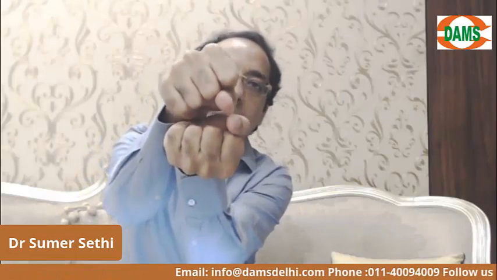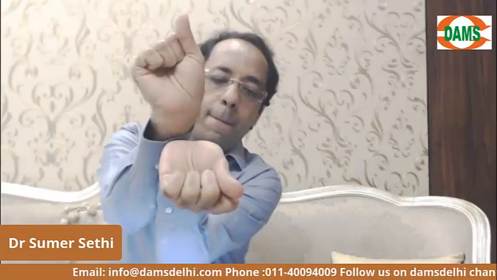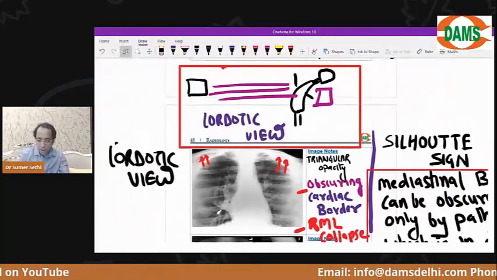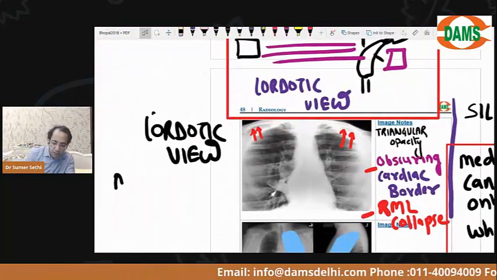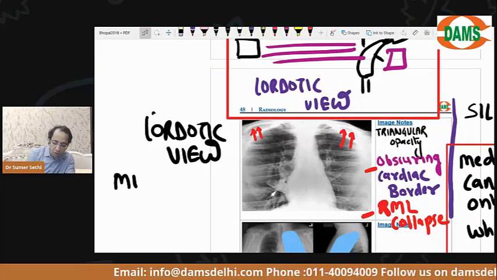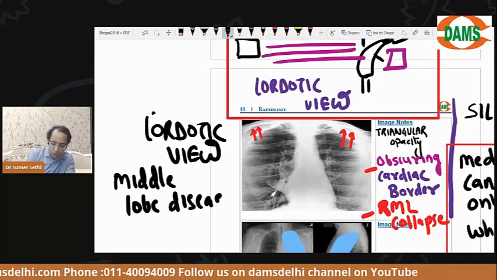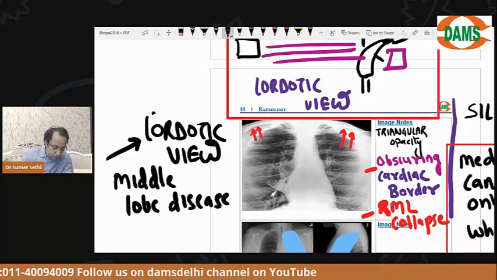Now, when I make the patient lordotic, what opens up? It is the middle lobe which opens up. So the question I'm trying to tell you here is, best X-ray for middle lobe pathologies, what will you mark? Lordotic view.